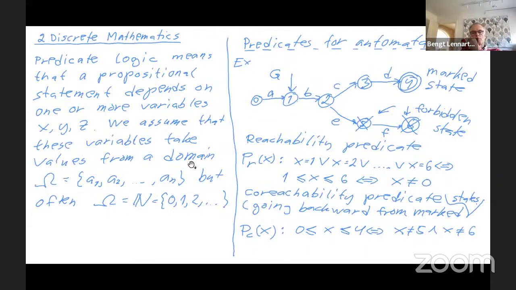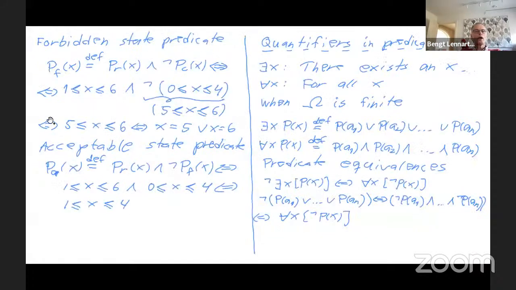So here we had the predicate, here we had the automata, and now I can even define the forbidden state predicate, which is the combination of the reachable states and those that are not co-reachable.